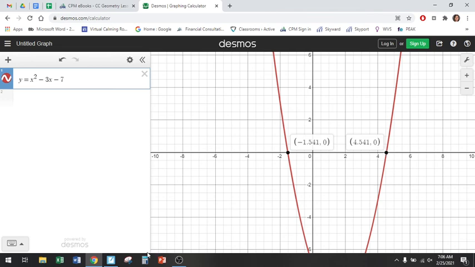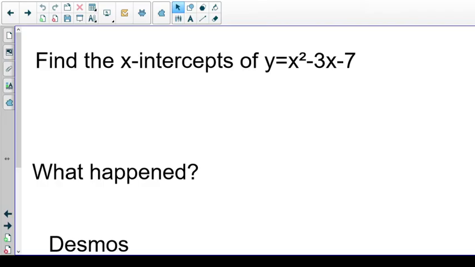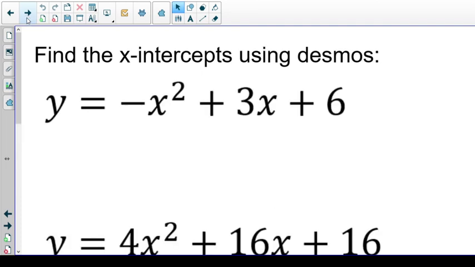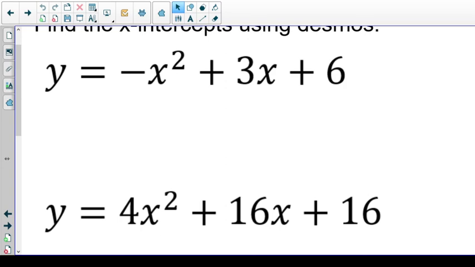So we're going to try and see if you can figure out the x-intercepts of a couple of these parabolas. So I want you to open up your Desmos and figure out the x-intercepts of these parabolas. So take a couple minutes, pause the video.